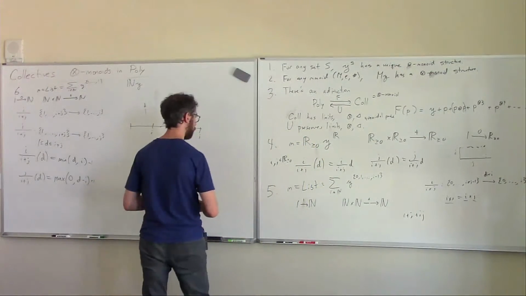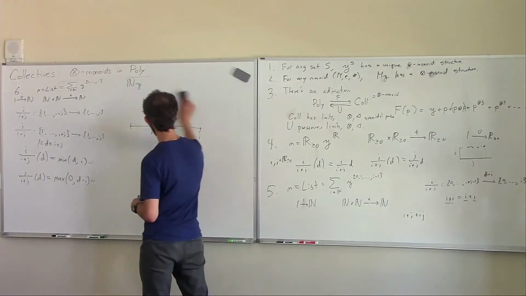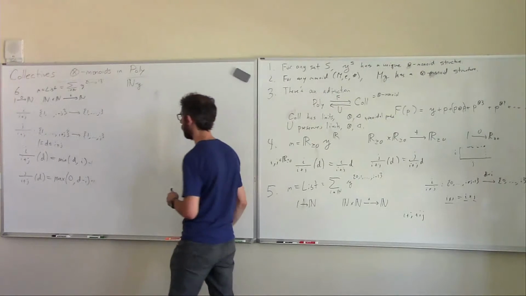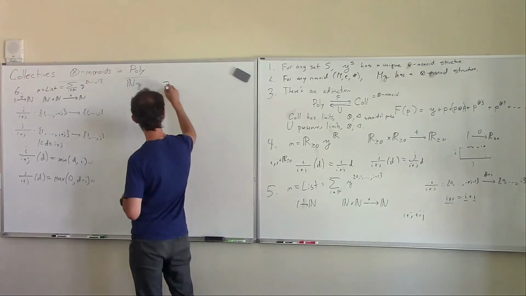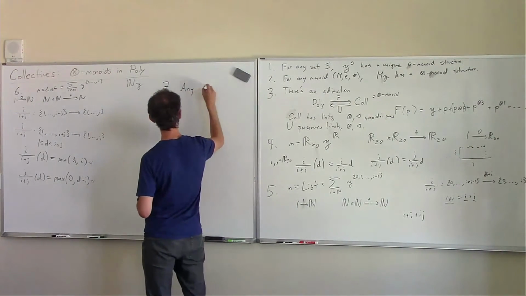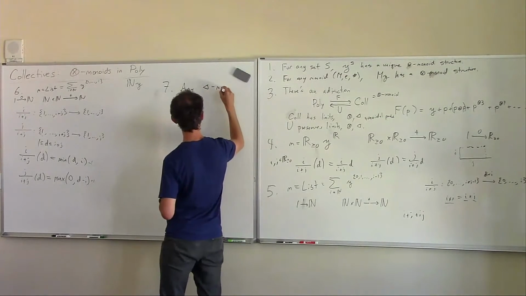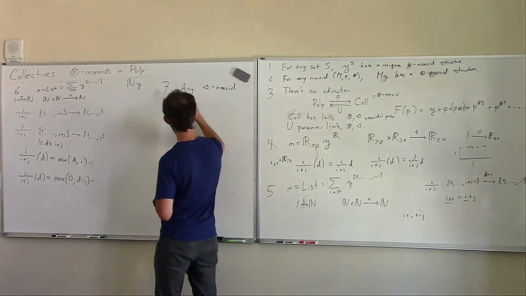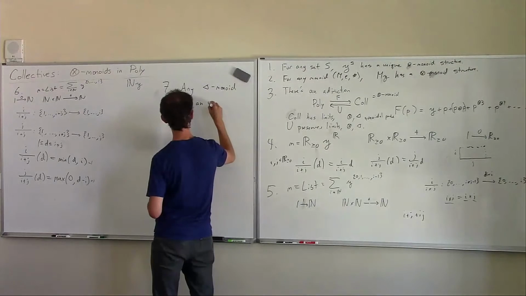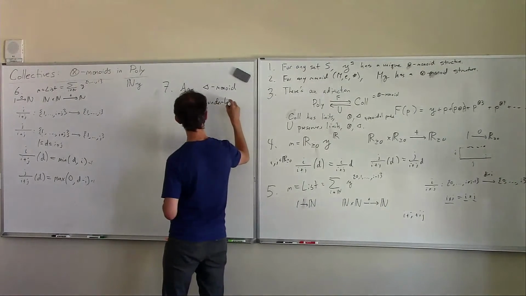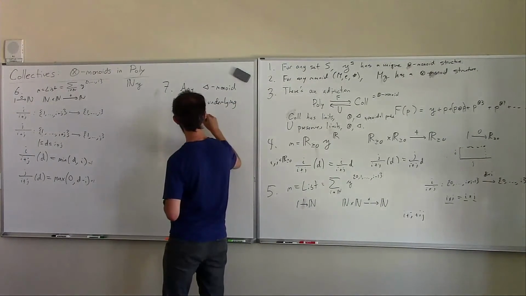So let me give another source of examples. Number 7. This thing, monoid, has an underlying collective structure.